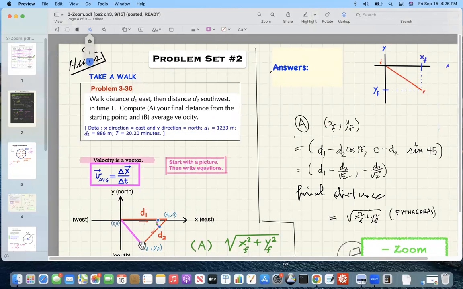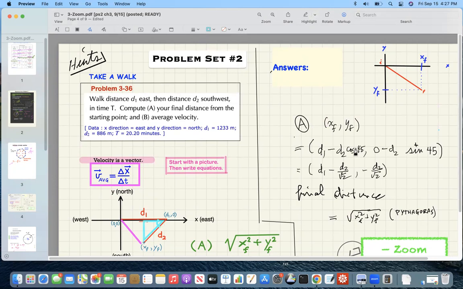So if I look at this little right triangle, put it in a different color, this little right triangle, the hypotenuse is d2, the x component is negative d2 cosine of 45 degrees, the y component is negative d2 sine 45 degrees.